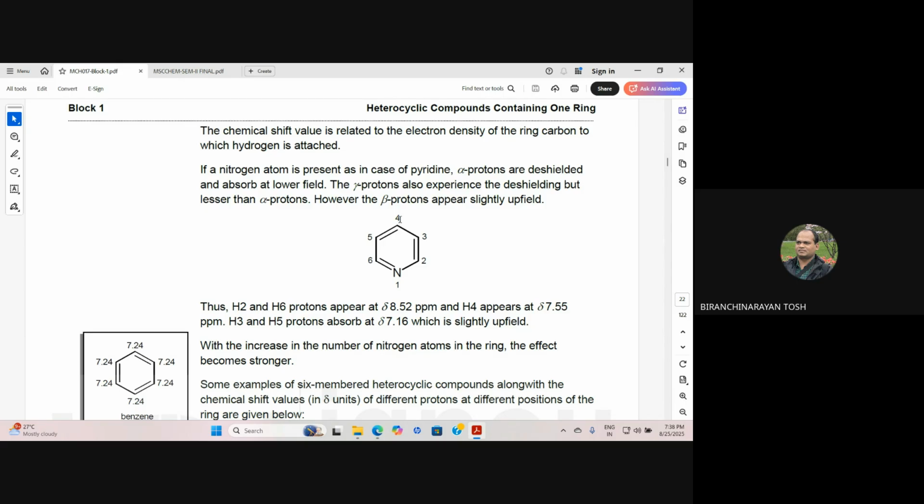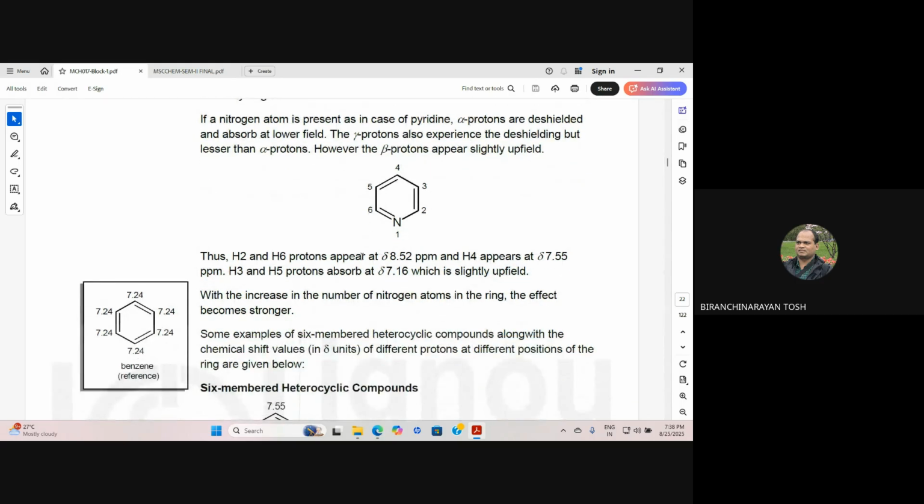The gamma proton experiences deshielding but less than alpha. But the beta protons appear slightly upfield. The values are given here: H2 and H6 at 8.52 ppm, H4 at 7.75, and H3 and H5 at 7.16, which is again slightly upfield.